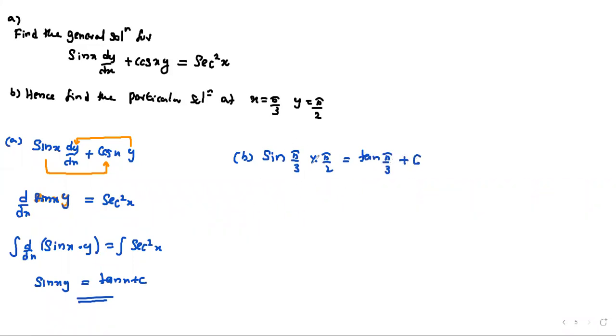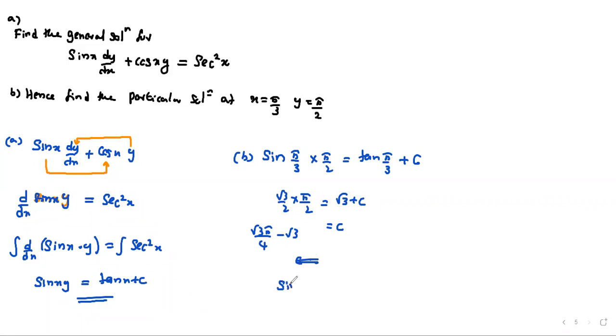Then sin pi by 3 is root 3 over 2. Root 3 over 2 into pi by 2 equals tan pi by 3, which is root 3, plus c. Therefore, c turns up to root 3 pi by 4 minus root 3.